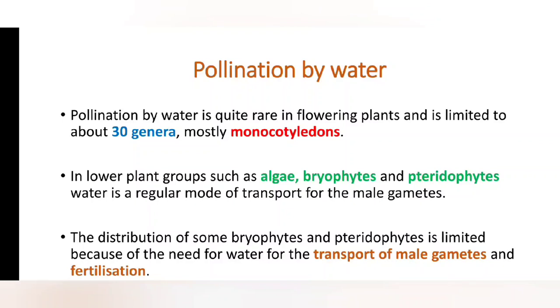Unless they have sufficient water, they cannot transport their male gametes, and for their fertilization also water is very much essential. So they are found only where water is sufficiently present.